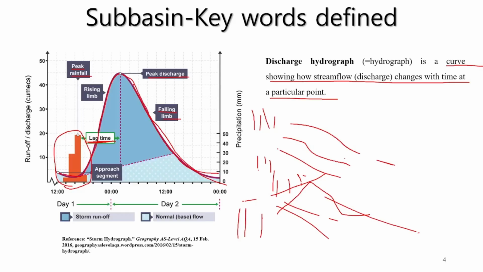And you see that it's divided also right here. Whatever is down below here is called the base flow, and all this is the direct runoff. We call the rest base flow down here.